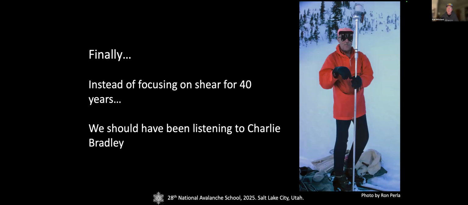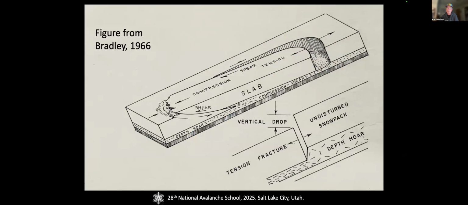And just to close out, instead of focusing on shear for 40 years, maybe we should have been listening to this guy, Charlie Bradley. And here's a diagram from a paper that Charlie wrote in 1966. And the interesting thing is that right along the bed surface where the propagation is occurring, he's saying that it's happening in compression and in shear. And so he had some ideas about the way avalanches are released.